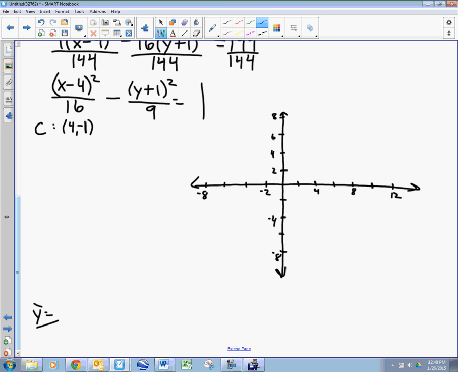I'll begin by plotting its center. Its center is located at 4, -1, because the horizontal shift is 4, the vertical shift is -1. So 4, -1, that's the center. Very good.